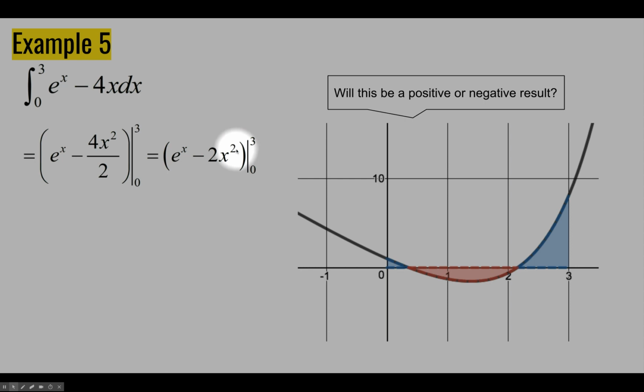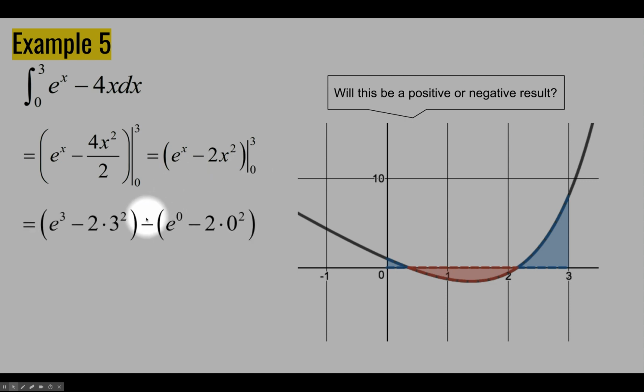Again, always try to quickly check that you've done this correctly. What is the derivative, going backwards now, of 2x squared? Well, the derivative there is 2 times 2 is 4, x to the 1, and that's what I have here, 4x to the implied 1. The fundamental theorem of calculus tells us to take this entire expression, plug in 3 and 0 in that order, and then subtract them.